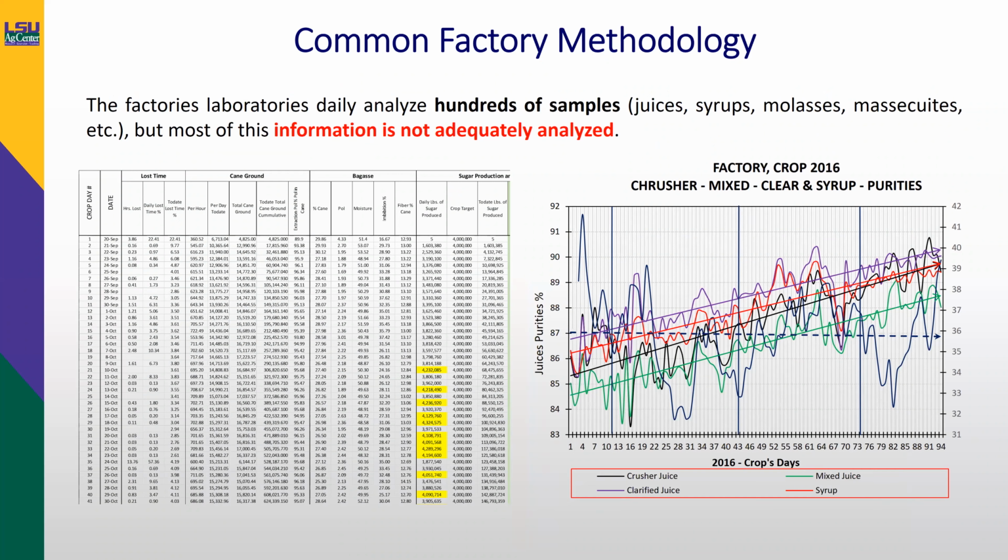So they just obtain hundreds of samples of data like this in tables, but they don't analyze that properly. The maximum that they can do is graphs like this, not only because they maybe don't have the resources, but because they don't have time to do it.